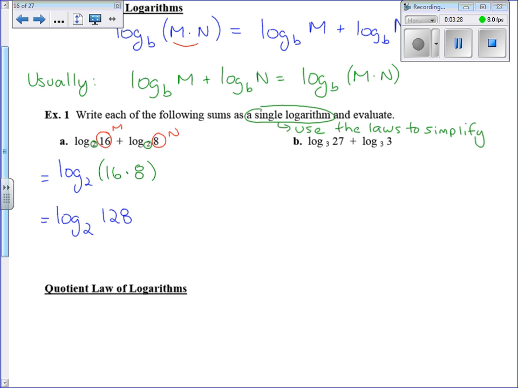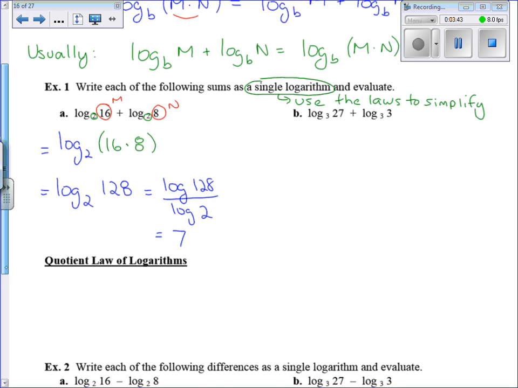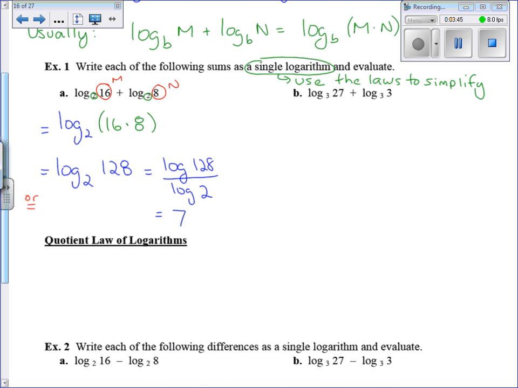So then you're solving log base 2 of 128, which you can do 2 ways. You can do change of base, so that's log 128 divided by log 2, and that'll give you 7, or use the definition of a logarithm: 2 to what power gives you 128, and that would be x equals 7.